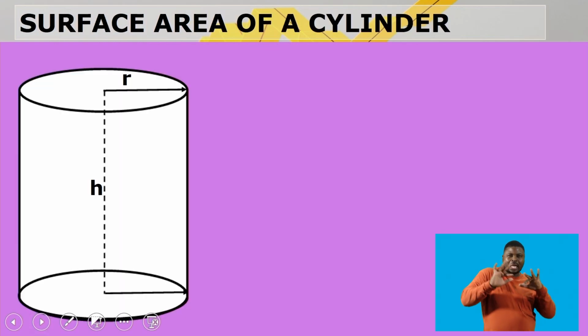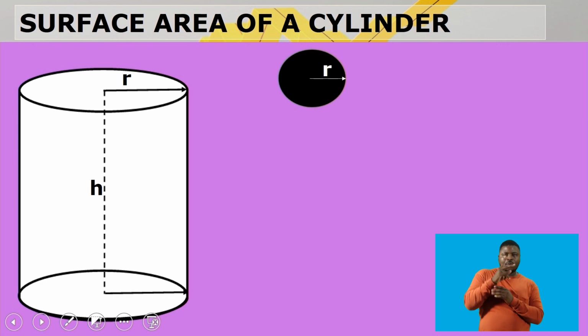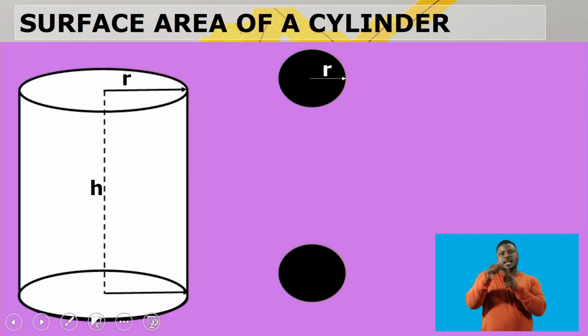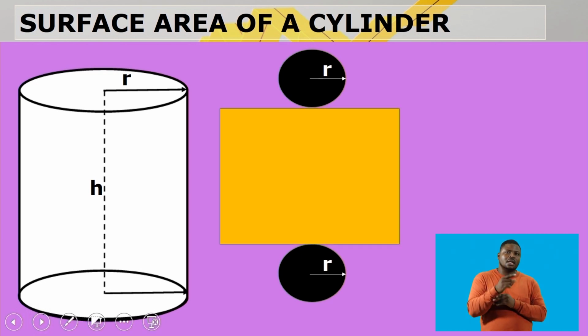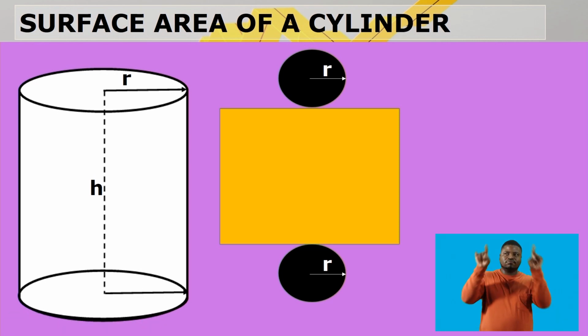Let's quickly look at the surface area of a cylinder. Now remember, surface area is when you fold something open. If we look at this cylinder and we fold it open, we will see there is a circle at the top with a radius, another circle at the bottom, and then as we unfold the cylinder, we will see that it forms a rectangle.